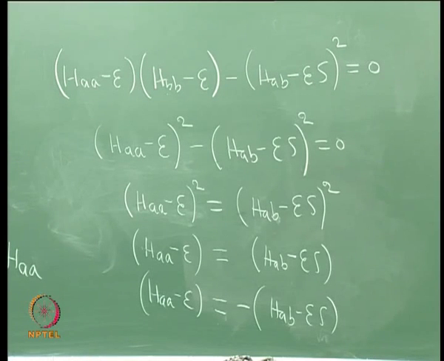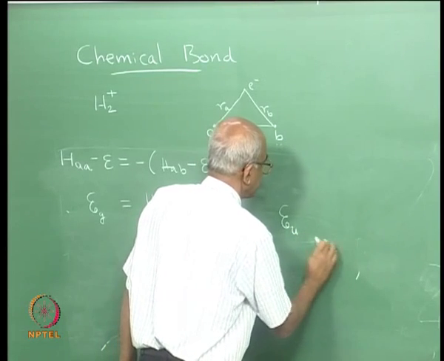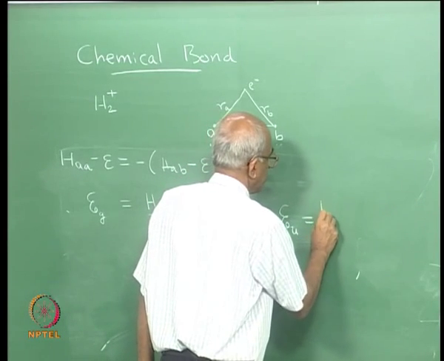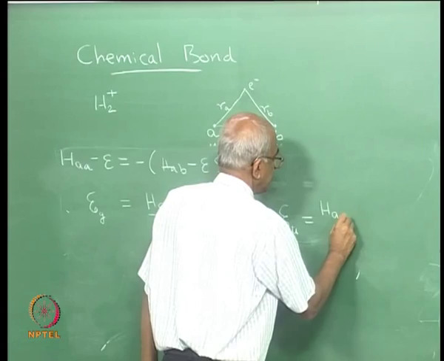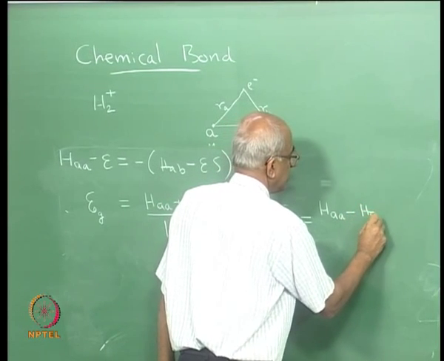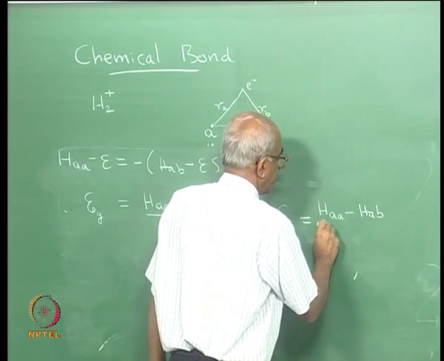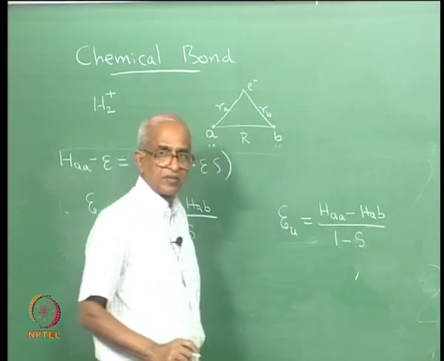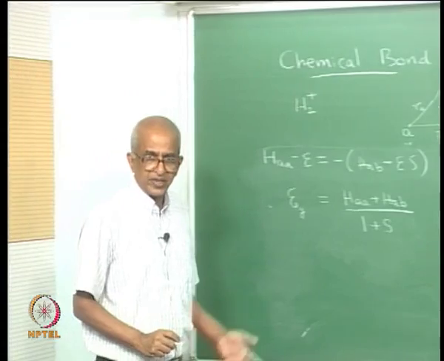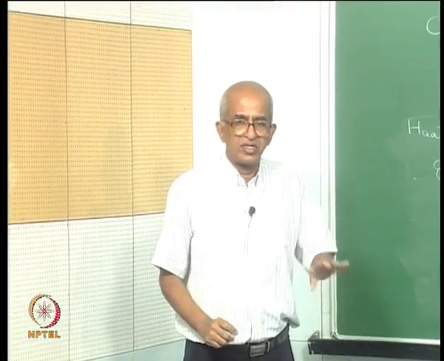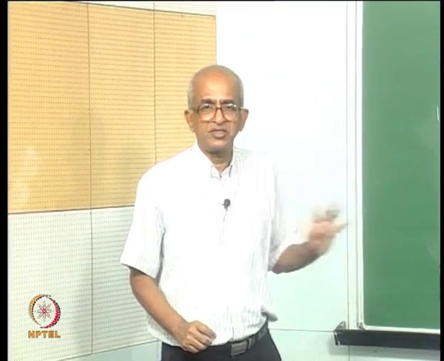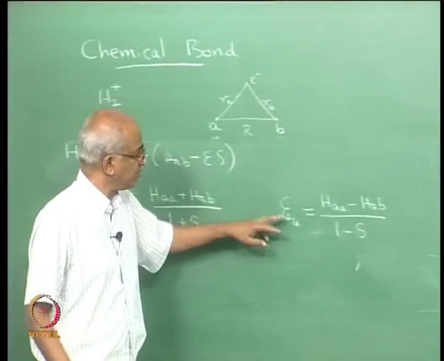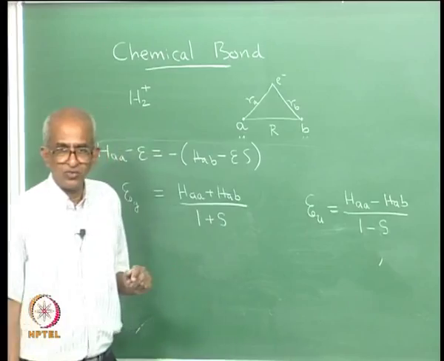I will put a subscript U for that, and if you did the rearrangement and solving, you will find that it is given by H A A minus H A B divided by 1 minus S. Fine. So, these are the two possible answers for script E. One I have denoted as E G and the other one I have called E U.